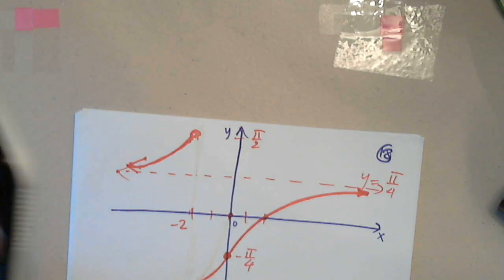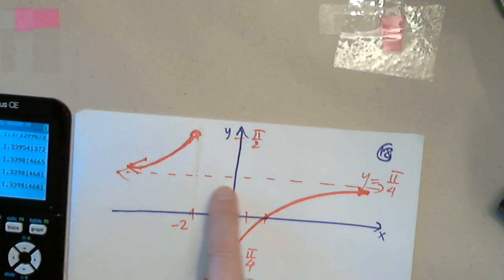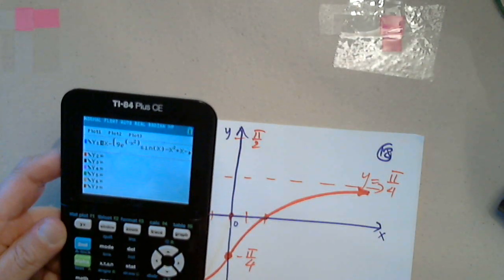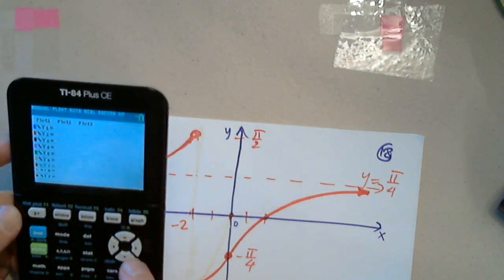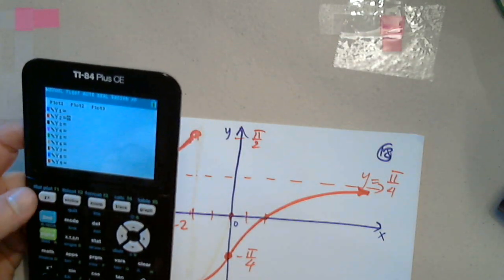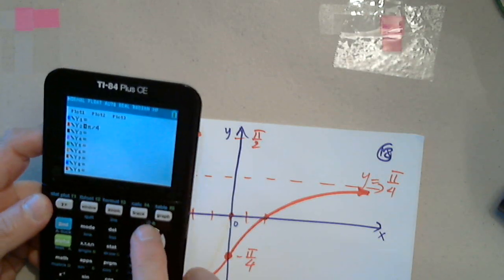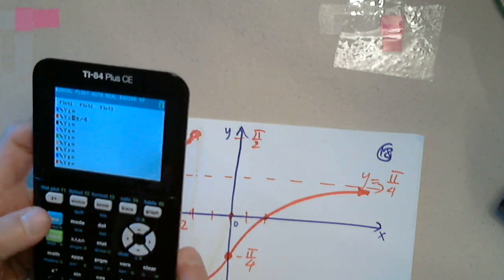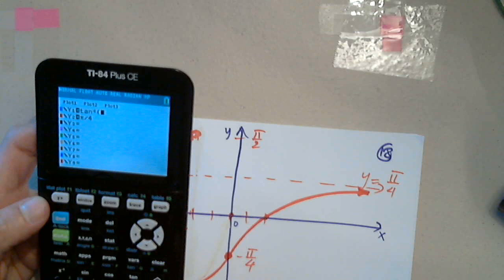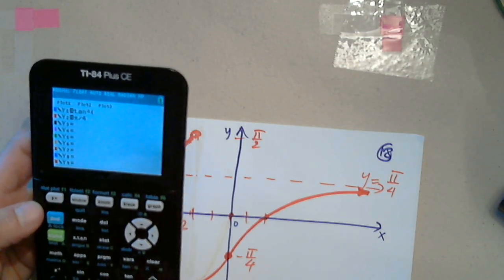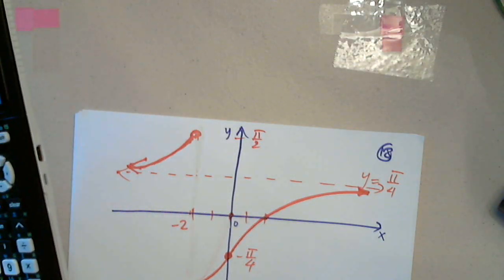Now we can plug it in. Don't forget to plug in pi over 4 in the graphing calculator. We are ready to check. So the second function is pi divided by 4. And the first function is the inverse tangent, in parentheses, of, it was x minus 2, right?